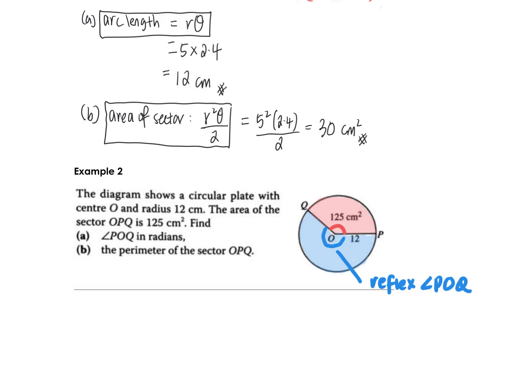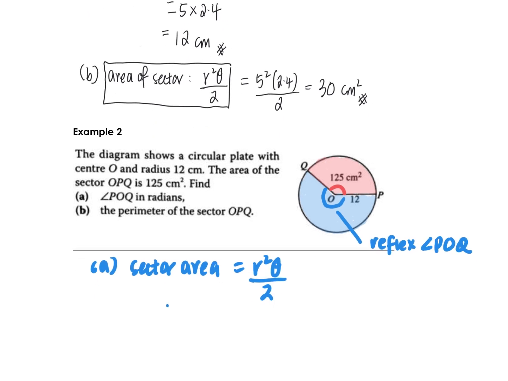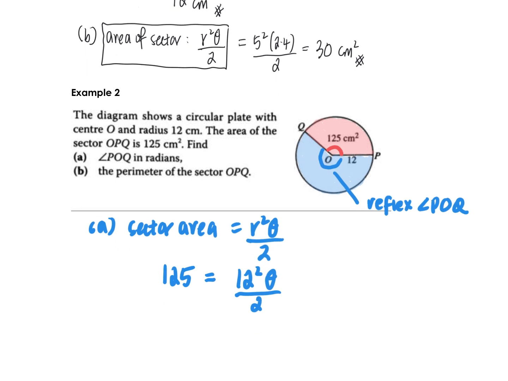Okay, so I will use the formula to help me. Sector area is r squared theta over 2. So I plug in everything I know. So there's only one unknown here. So I cross multiply, I get 250.